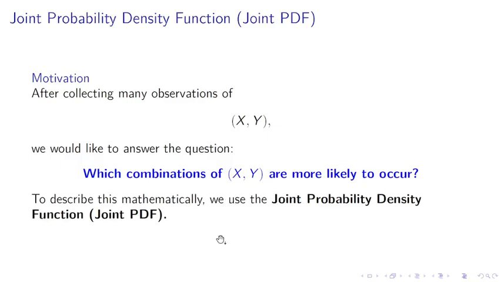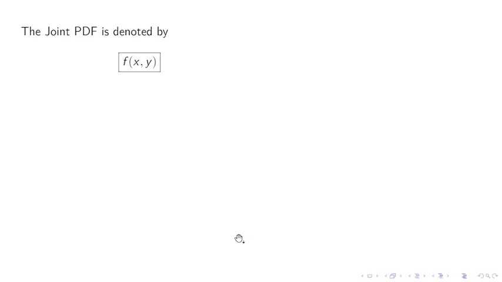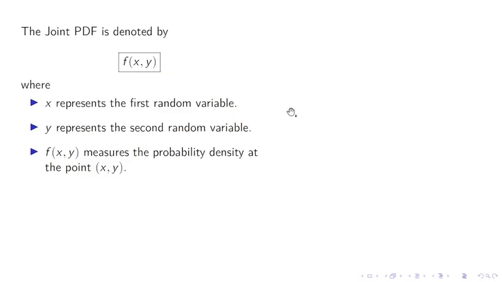To describe this mathematically, we use the joint probability density function, known as the joint PDF. Here the joint PDF is denoted by f of x comma y. Here x represents the first random variable, y represents the second random variable. f of xy measures the probability density at the point x comma y.